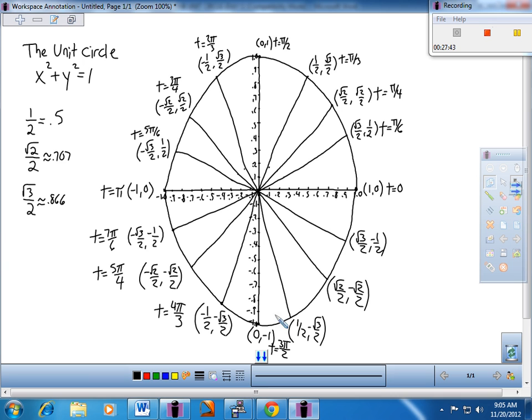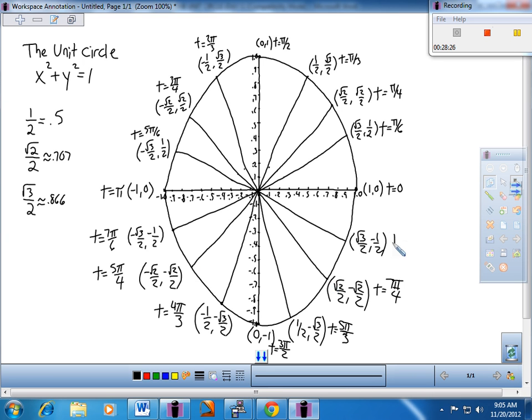Should be a 3. And as a matter of fact, it's 5 pi over 3. 300 degrees. This one, everybody, is 315 degrees, which happens to be 7 pi over 4. So notice the pattern on the 4s, everybody. 1 pi over 4, 3 pi over 4, 5 pi over 4, 7 pi over 4.